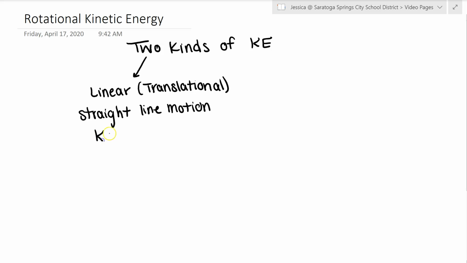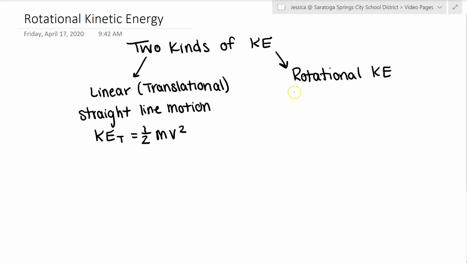And we calculate that kinetic energy, which I'm going to write as KET since we're talking about two kinds in this video, by doing 1/2 the mass times the speed or velocity squared. Okay. The other kind of kinetic energy that we can talk about is the rotational kinetic energy.